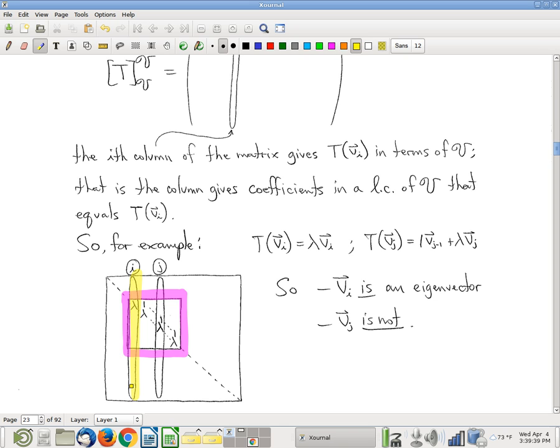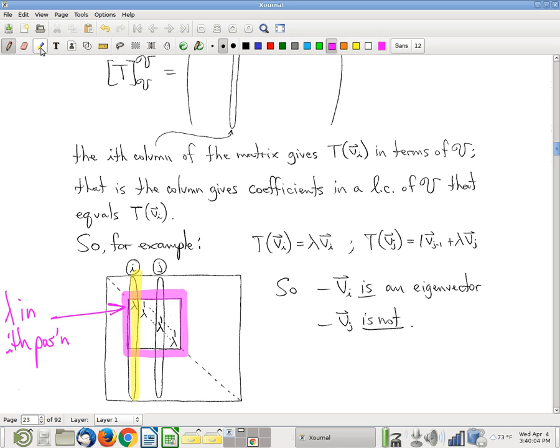That's the diagonal entry. Everything else below that diagonal entry is all zeros. Up here above the block, all zeros. Down here below the block, all zeros. So all I have in this ith column is a lambda in the ith position. That's it.